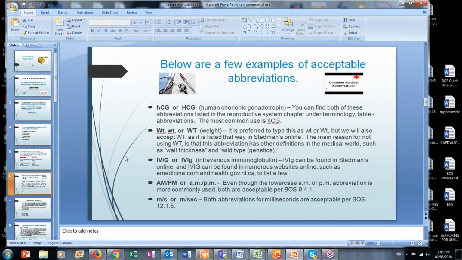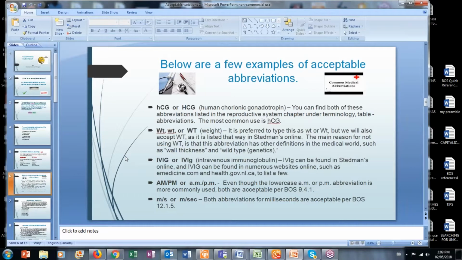All right. Another acceptable variation is IVIG, all uppercase except for the G. Or you can have the combination of the two, all uppercase IVIG or uppercase IVI, lowercase g.